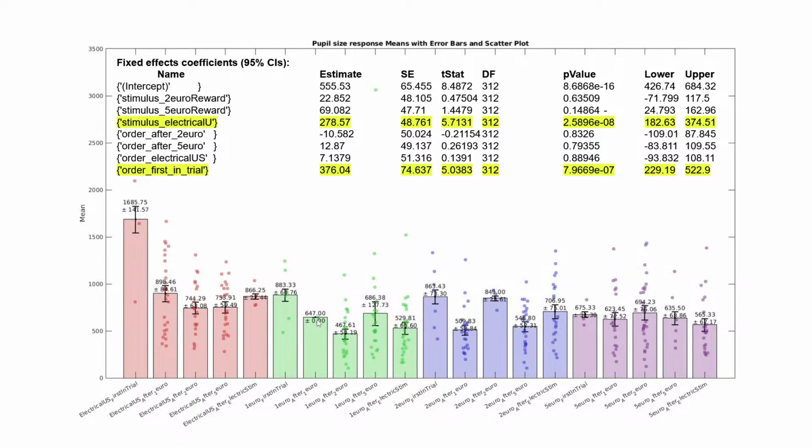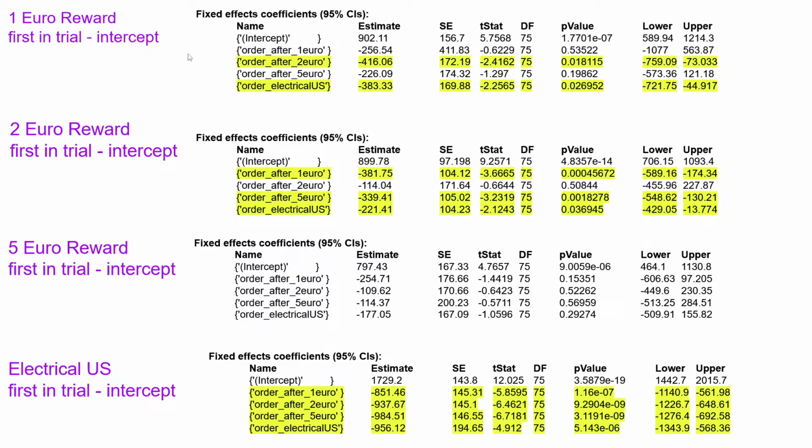For example, here you can see the standard error is 0 because we have only one measurement when the €1 was shown after €1. At the same time, quite often we have that €1 was shown after electrical stimulation. When we're looking at the €1 reward, €1 was after €1 and €1 was after electrical stimulation.